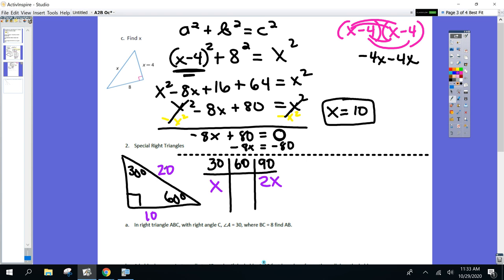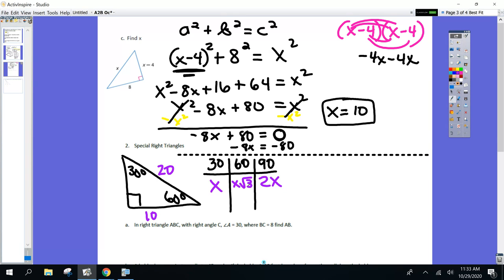Now, what's the relationship with the side across from 60? That will be your 30 side times the square root of 3. And now I'm getting crazy, I know. Times the square root of 3. So what I have up here right now, you see my 10 and my 20?